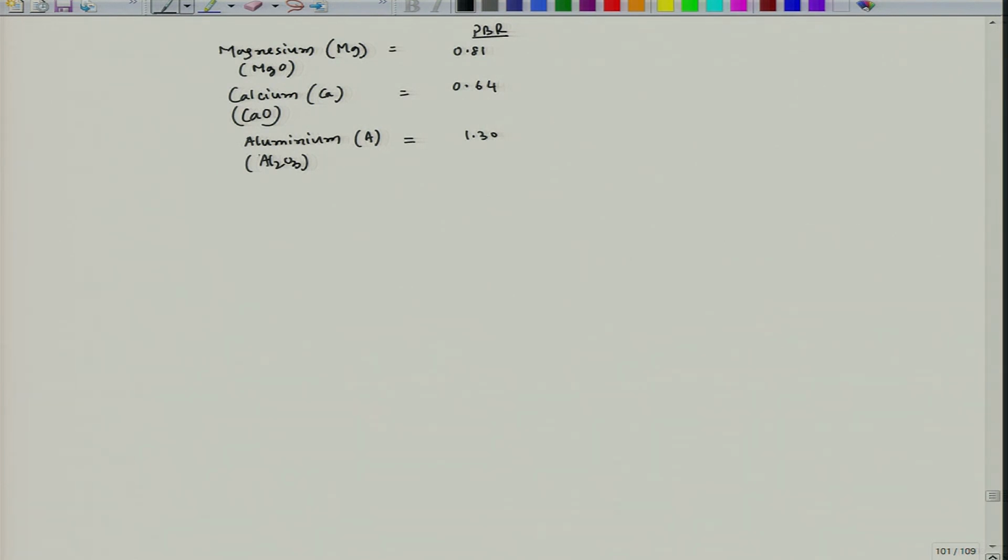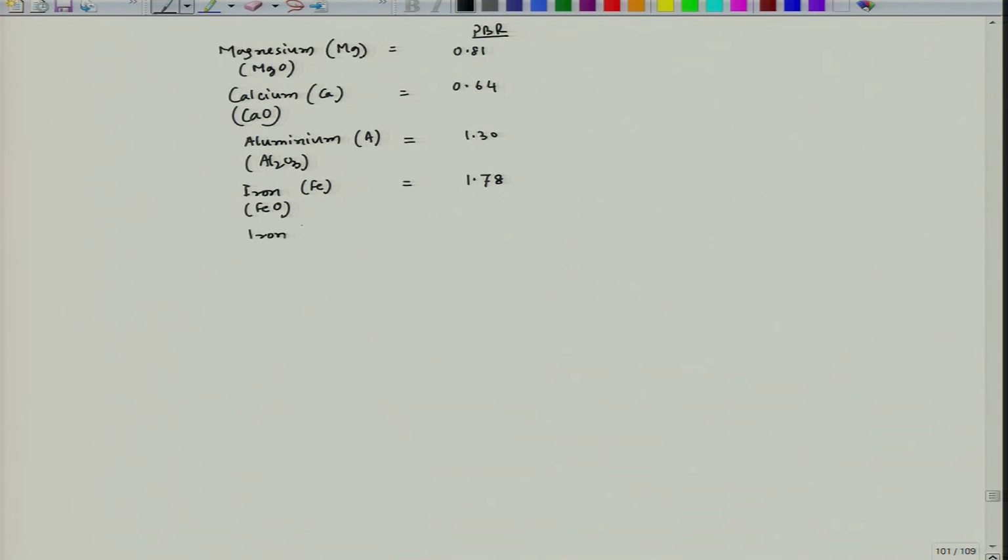Then we can also find out the PBr ratio of iron, Fe, where the oxide is FeO, the PBr ratio is 1.78. Now, if you take Fe2O3, the PBr ratio would be different.